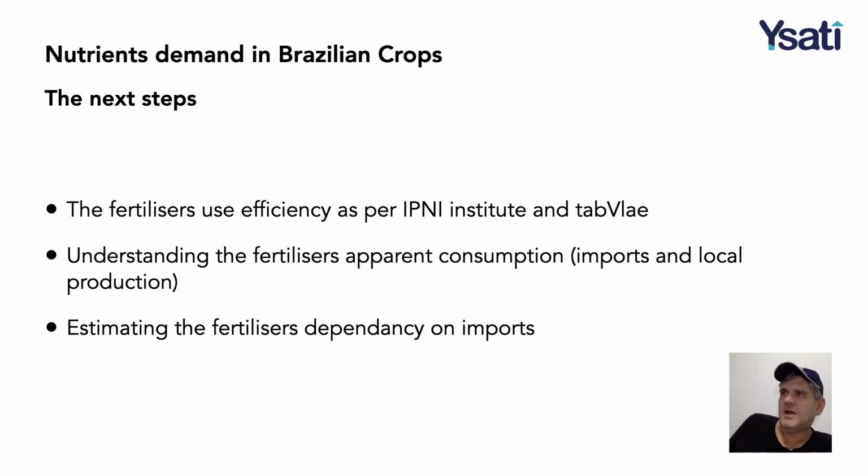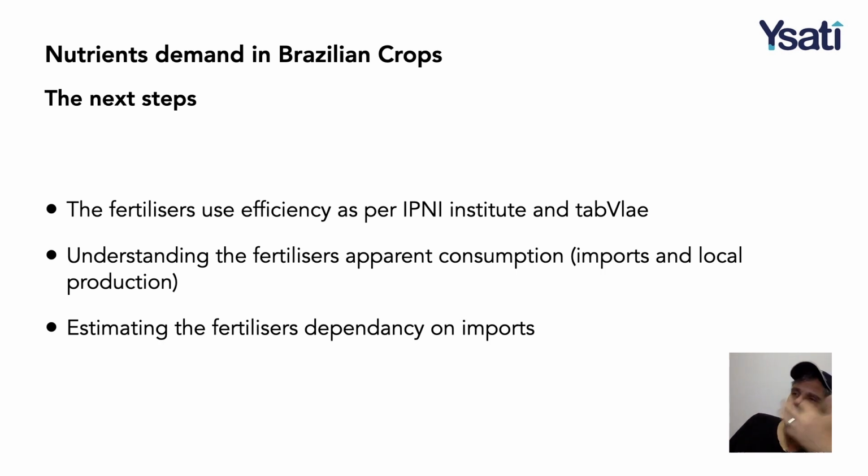So, in the next steps, we will see the fertilizer use efficiency. According to the IPNI Institute, they did that study from 1988 until 2016, and I did the same calculations after 2016. And I checked all the data.